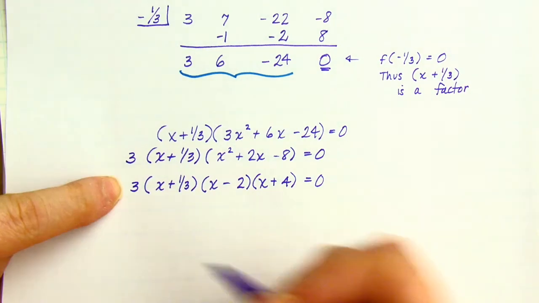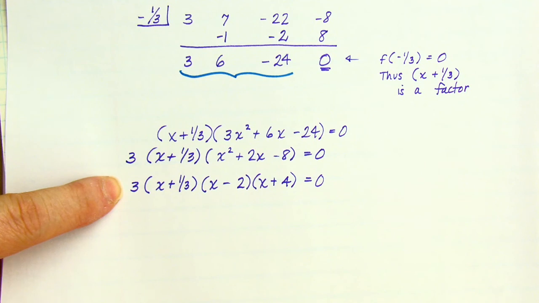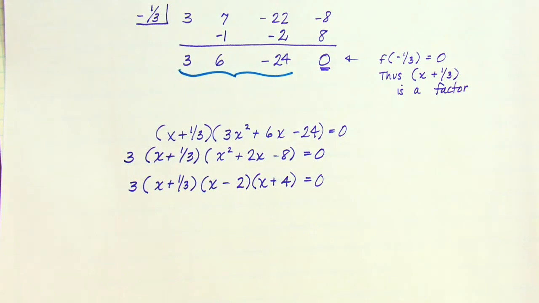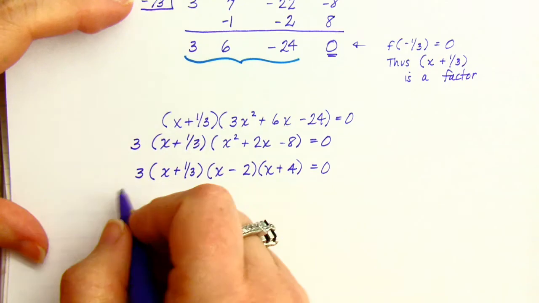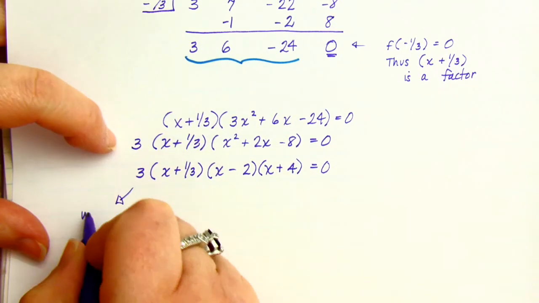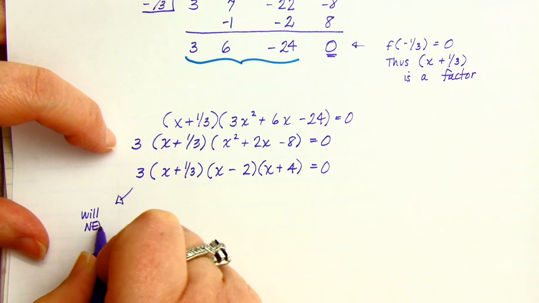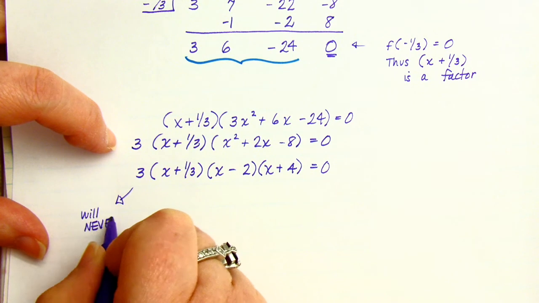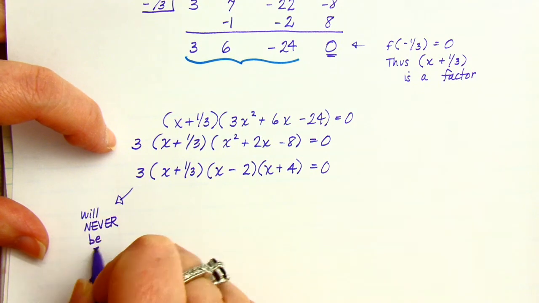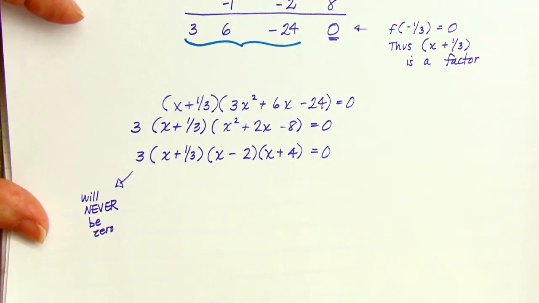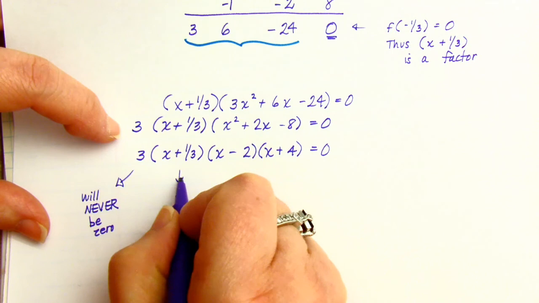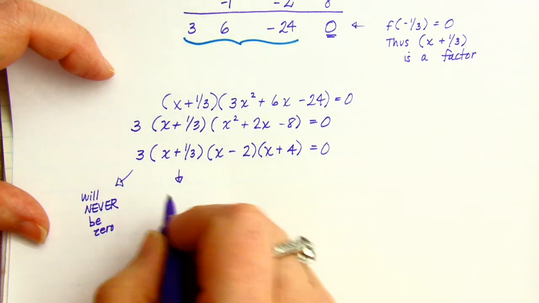3 is never a 0. Folks, this is a stretch, if you remember from graphing. All right, this is never a 0. When would x plus 1/3 equal 0?